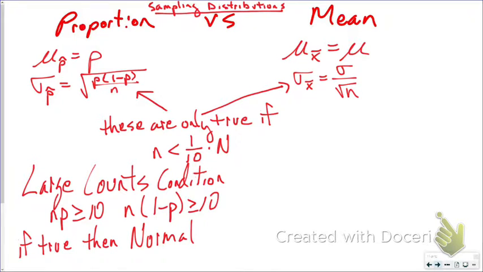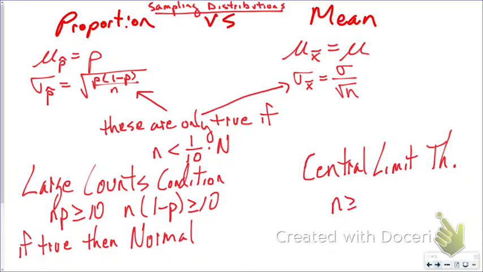And lastly, for means, we have the central limit theorem. All that says is if n is greater than or equal to 30, then normal.